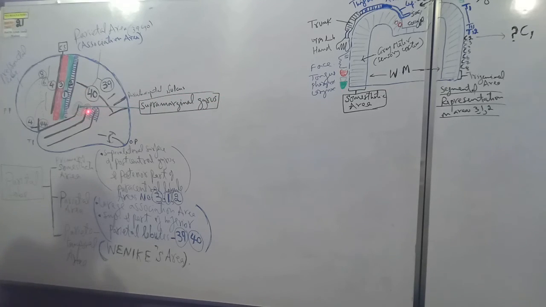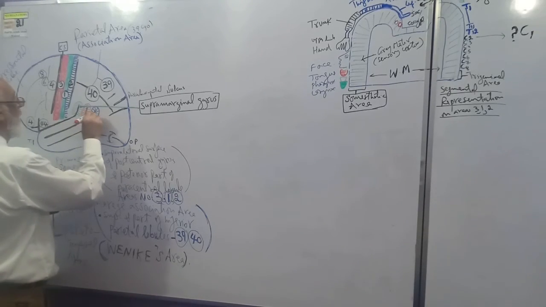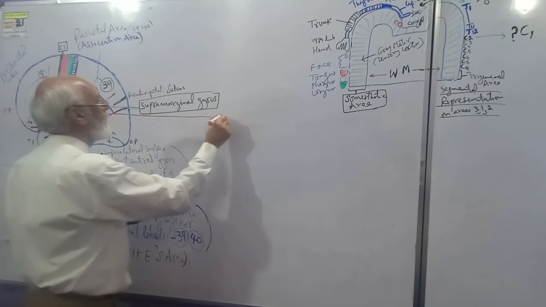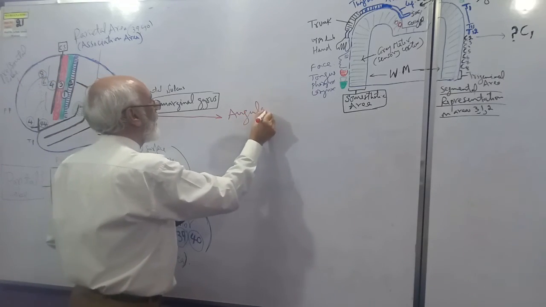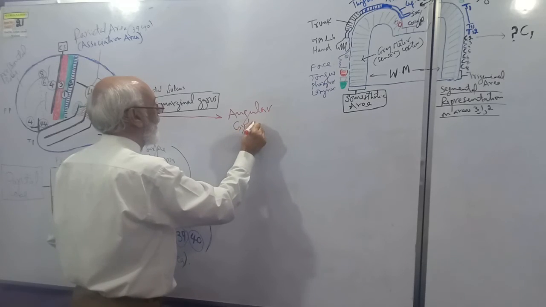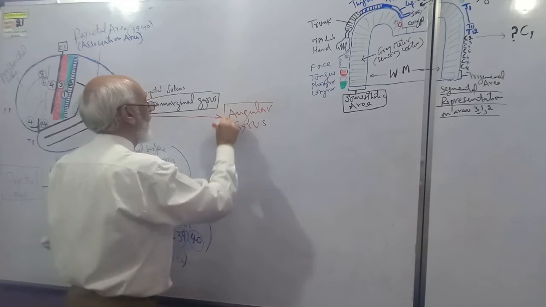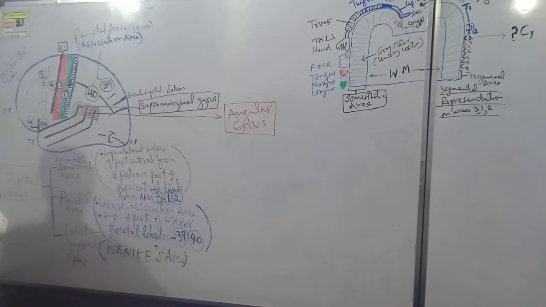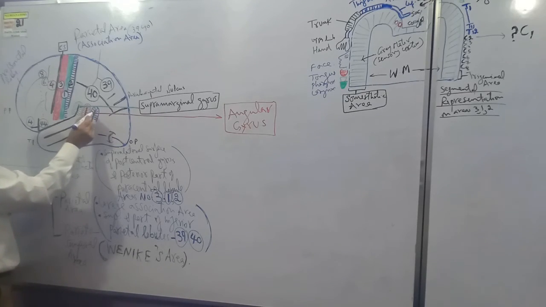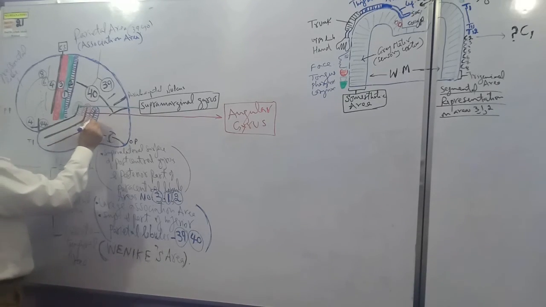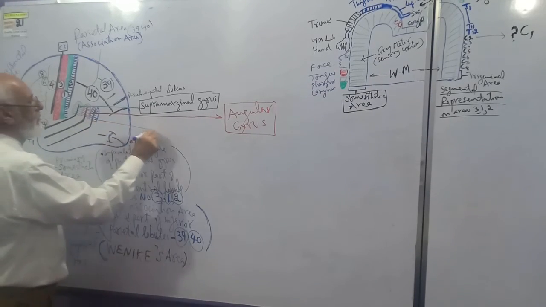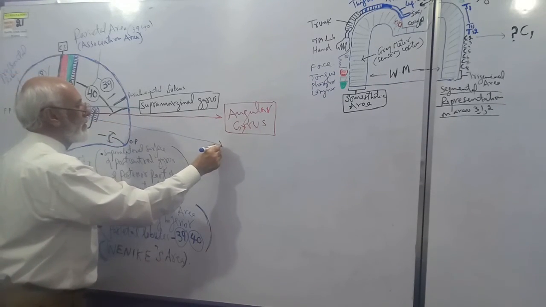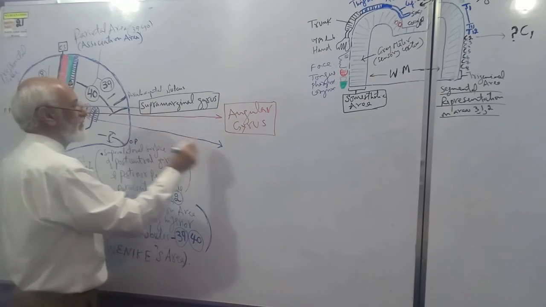The gyrus surrounding the upturned end of the superior temporal sulcus is known as the angular gyrus. And the gyrus around the upturned posterior end of the inferior temporal sulcus is known as the posterior parietal gyrus.